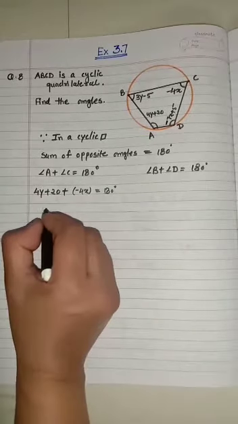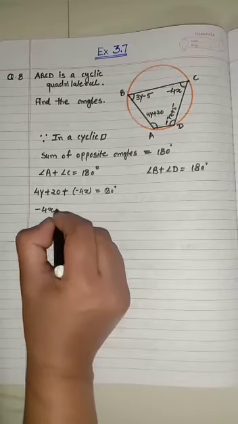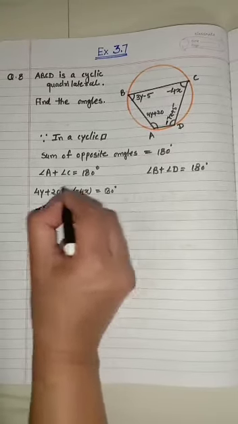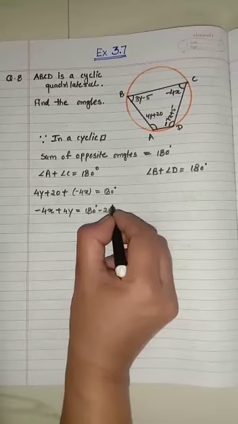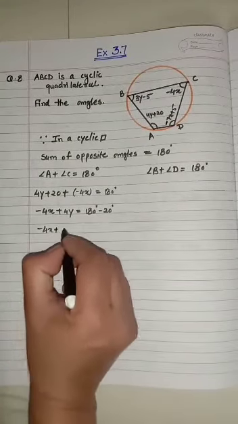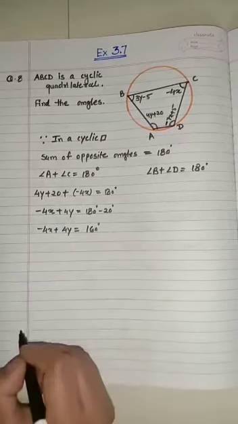Let's simplify this. First we will write the x term, then the y term, and this plus 20 when shifted to the right hand side will convert into a negative sign: minus 4x plus 4y equal 160 degree.